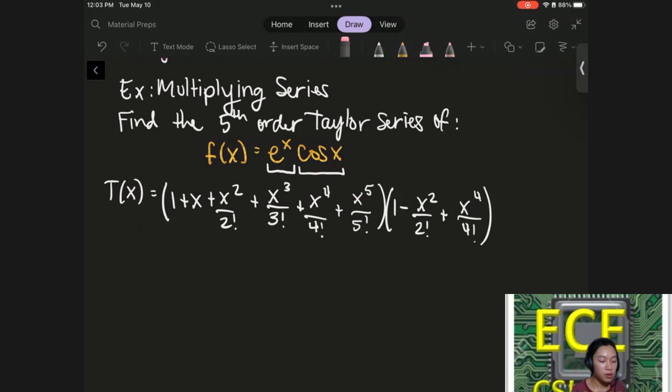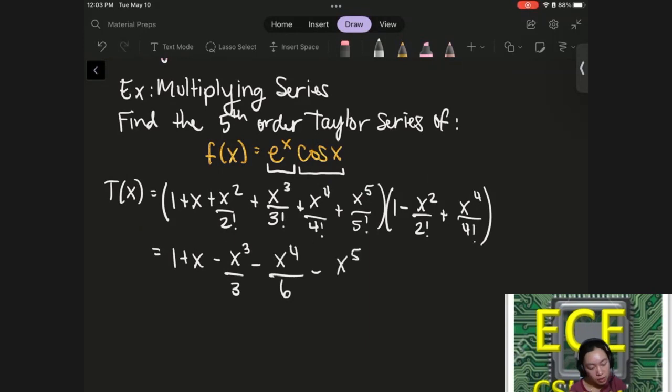From here you'd expand it. I'm going to leave that as an exercise to the reader and skip to the simplified version, which is 1 plus x minus x cubed over 3 minus x to the 4 over 6 minus x to the 5 over 30.